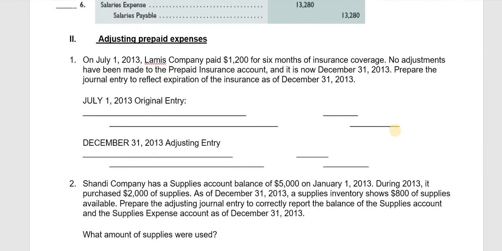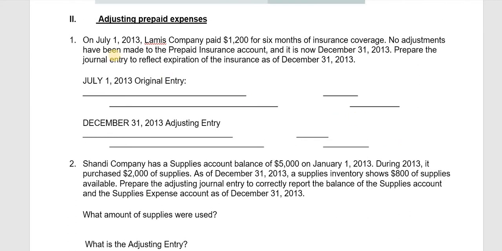Let's move on now. Let's adjust some prepaid expenses. Number 1: on July 1st, Lamis Company paid $1,200 for 6 months insurance coverage. No adjustments have been made to the prepaid insurance account, and it's now the end of the year. Prepare the journal entry to reflect expiration of the insurance. Okay. First, the original entry.